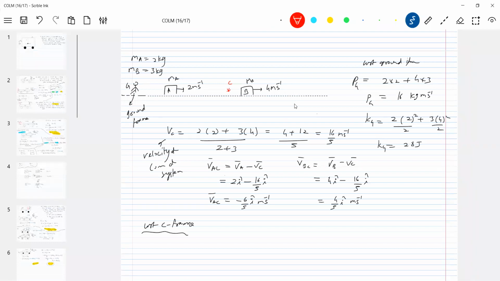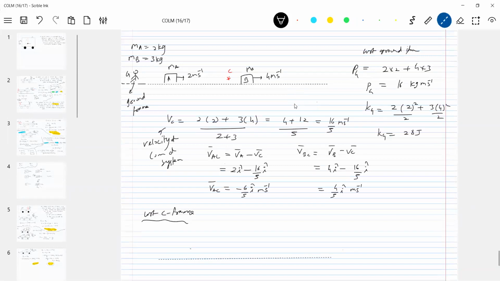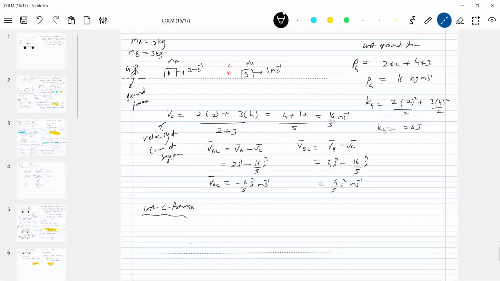So the particle A will be moving with a speed of 6 by 5 meter per second. B, what will happen? 4 by 5 meter per second. And this is the center of mass. Of course, center of mass is also in motion, but I'm standing at the center of mass, where the person is here.